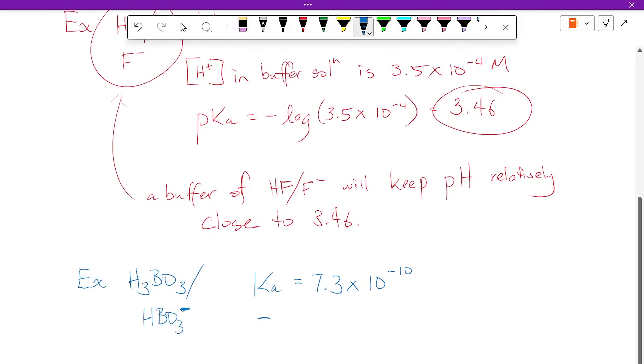So the concentration of H+ in this buffer solution is 7.3 times 10 to the negative 10.